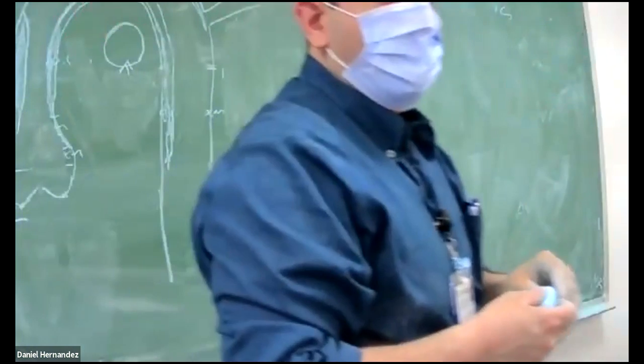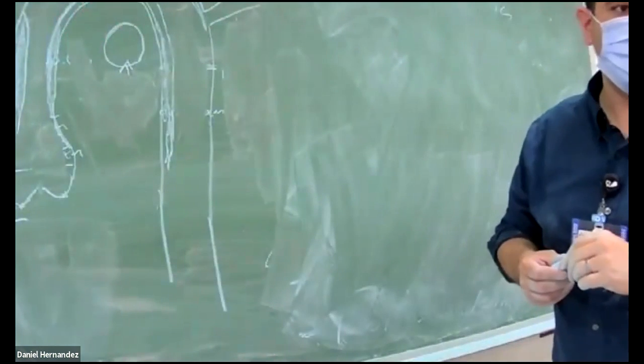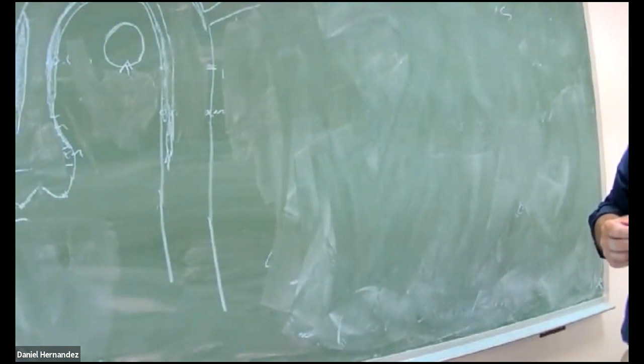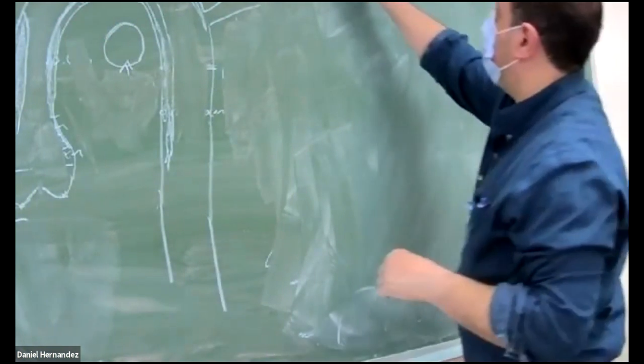All right, so now we also have something called an intramural hematoma. So this is a variant of an acute aortic dissection.